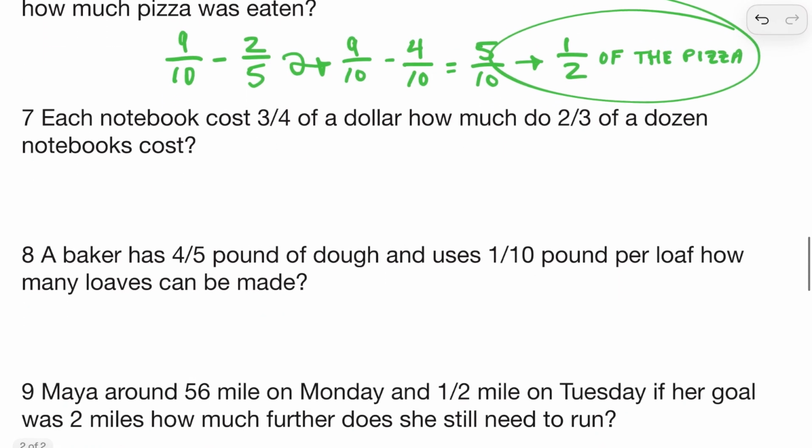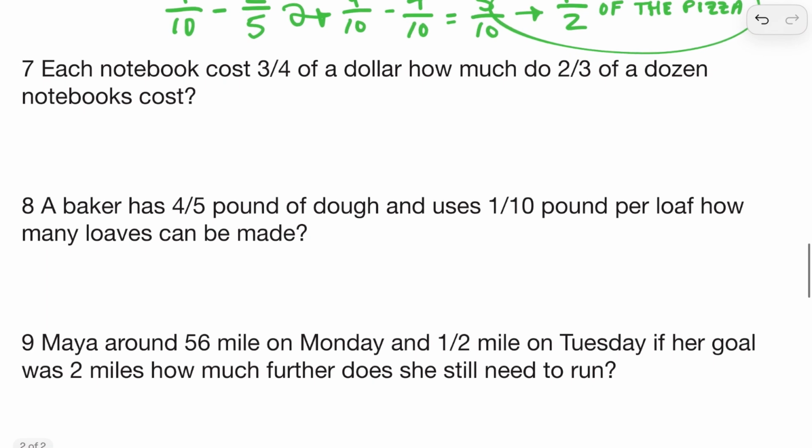Number 7 says each notebook costs $0.75. Says how much do 2/3 of a dozen notebooks cost? So one notebook costs $0.75. Well, 2/3 of a dozen.